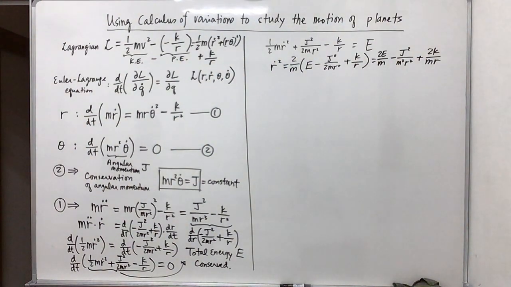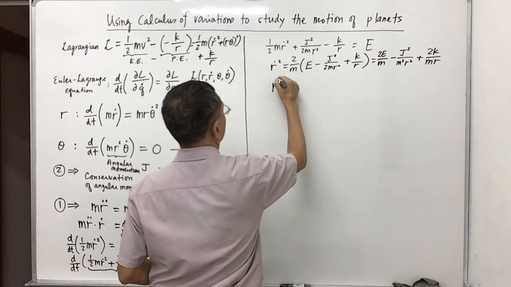Now we could have taken a positive square root, we could have taken a negative square root. It really doesn't matter, because finally we are going to be able to use either the positive or negative square root to derive the path taken by the planet. So here I want to choose the negative square root. It will be a little bit more convenient for me. So I'm going to choose the negative square root for my r dot.